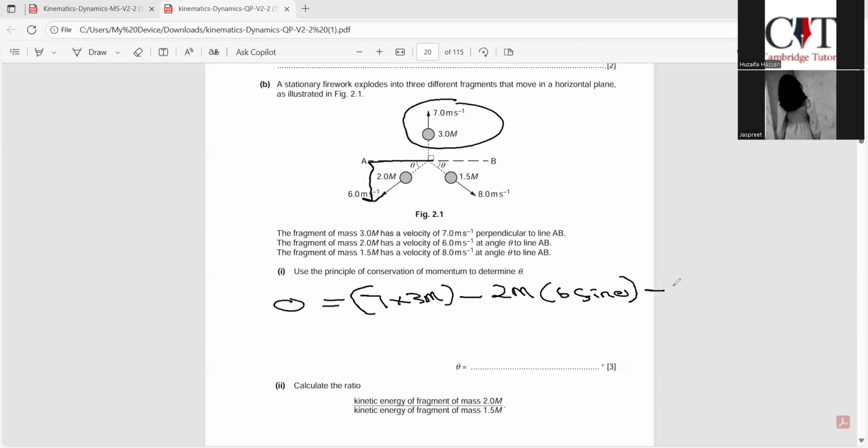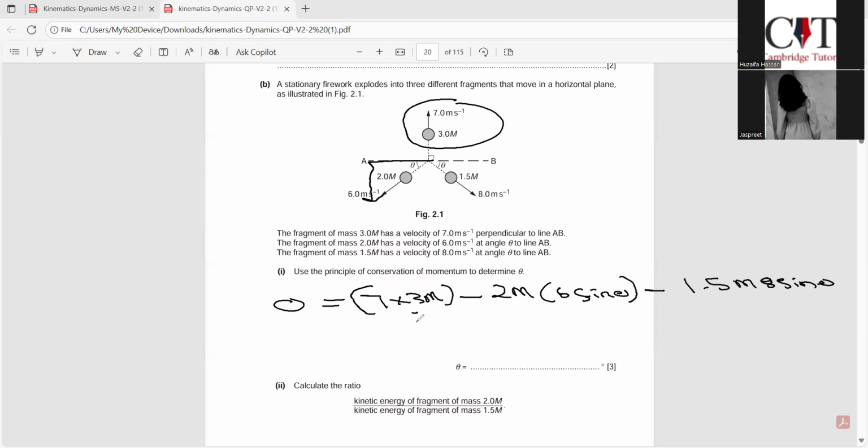Yes, sir. Then minus, I would be doing 1.5 m into 8 sine theta. And the minus comes here because of the downward direction. I hope it is clear. Now you just have to solve it. Take these both to the left side and then try solving it and tell me the answer. Quick. Okay, wait, let me solve, then you just confirm.